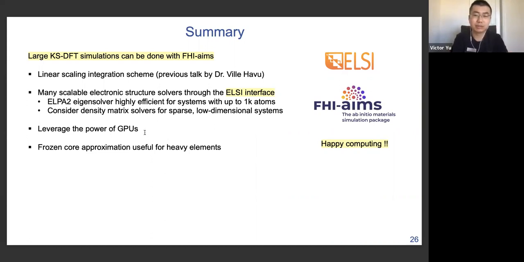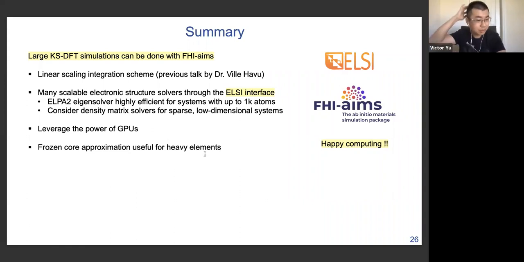And if you have access to GPU accelerators, FHI-aims is able to utilize the power of GPUs. And also, we have the frozen core approximation, which is very useful, especially for heavy elements.